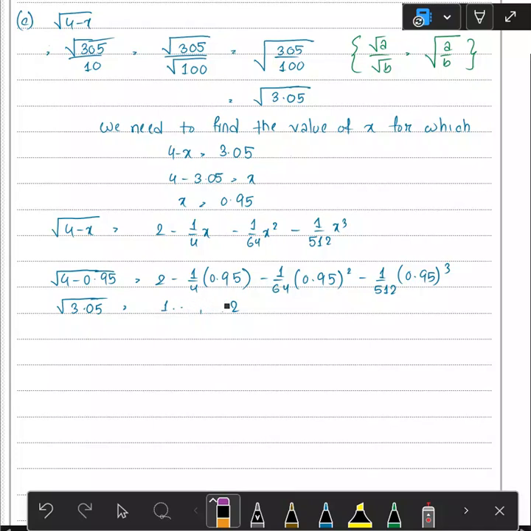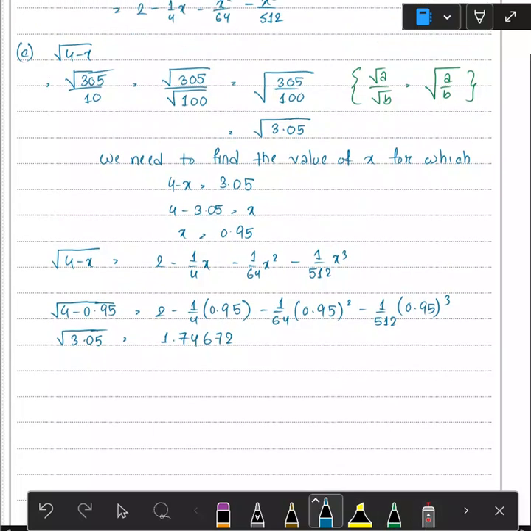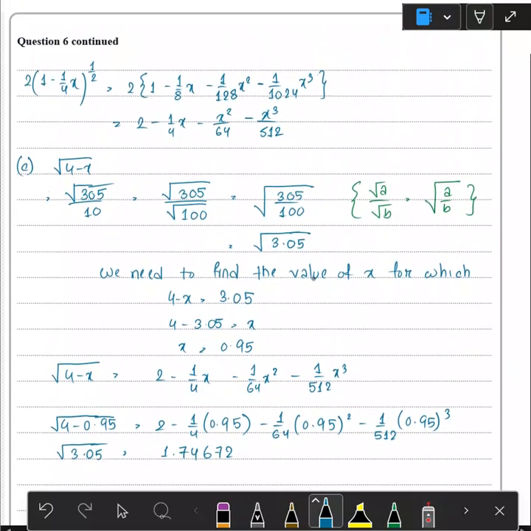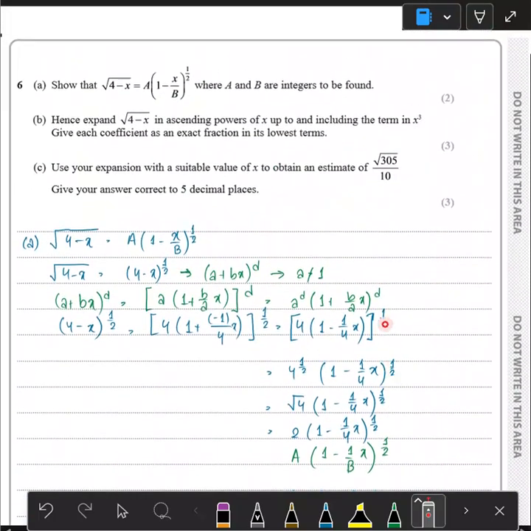Let me rewrite it in a better way. 1.74672. And we know root over 3.05 is actually equal to this, and this is the value they want us to find, the value of root over 305 by 10.